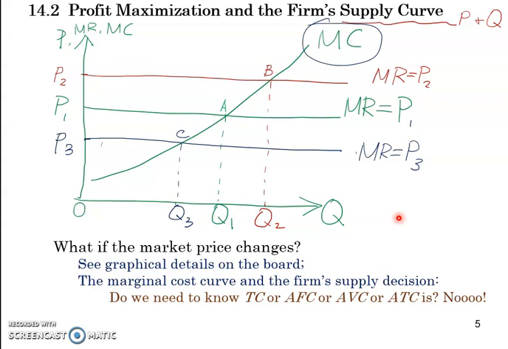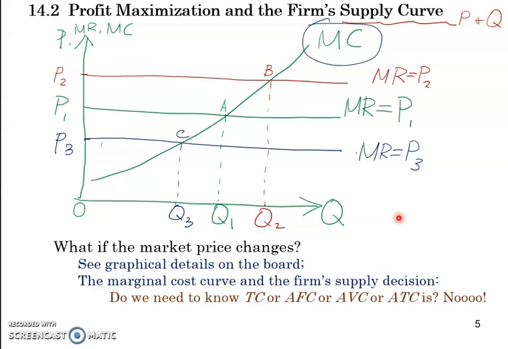Probably your common sense would tell you that, to figure out how much the firm would like to produce, we have to know its fixed cost, variable cost, and total cost, so that we can have a better idea of how much it could produce or where it can maximize its profit.